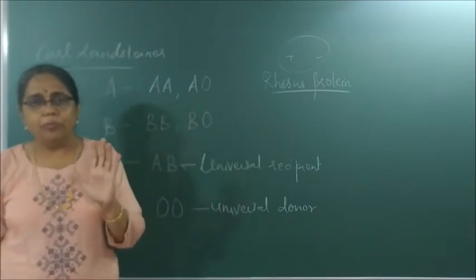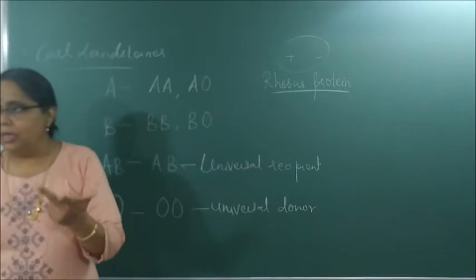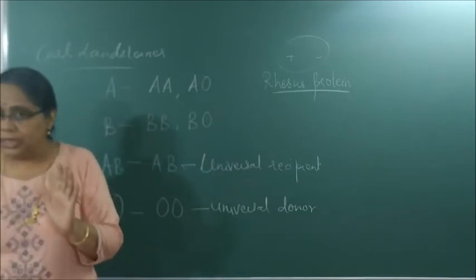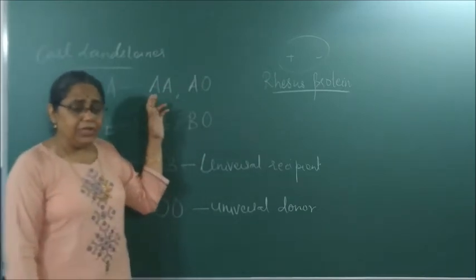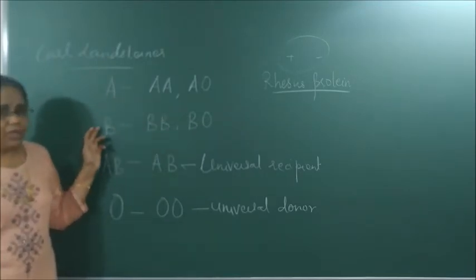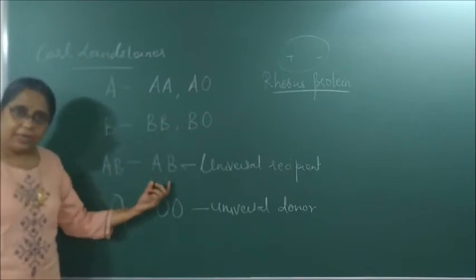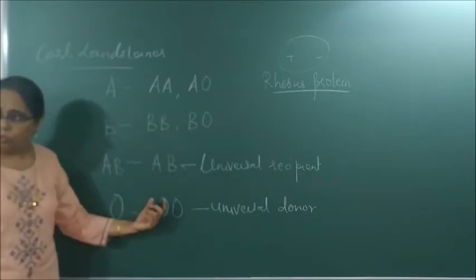Fine? So how many types of blood group do we have? 4 types of blood group: A, B, AB and O. If it is A, it may be AA and AO. If it is B, it is BB and BO. If it is AB, it is AB, and if it is O, it is OO.